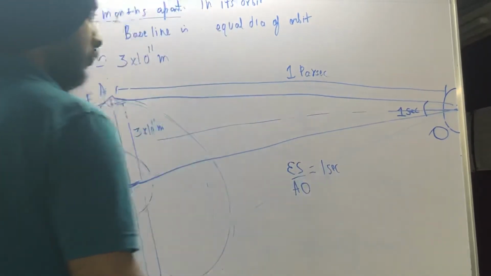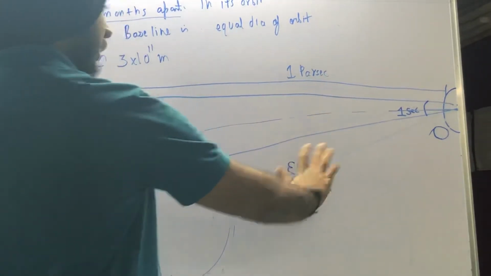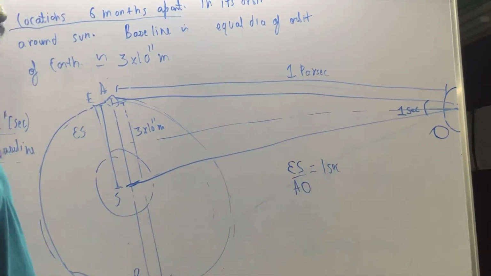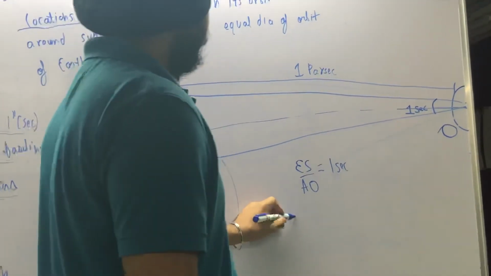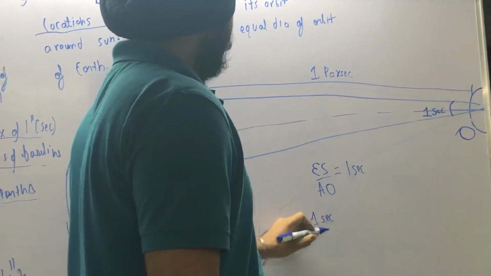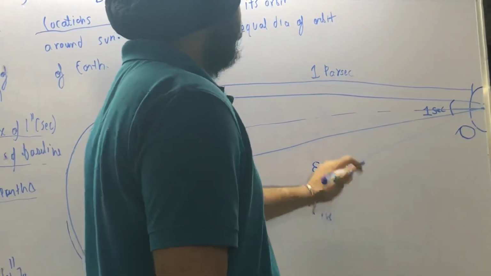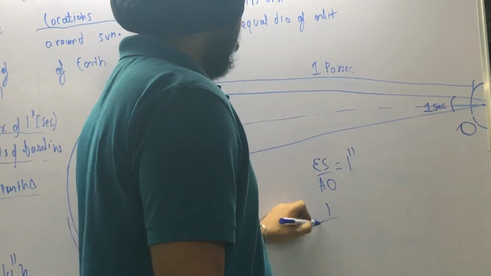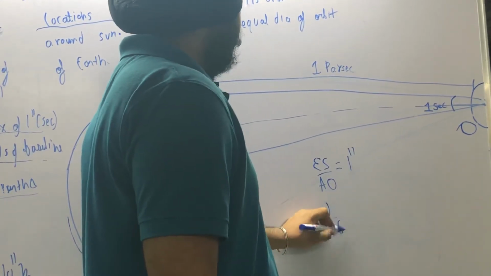Now you should all know that this 1 second you can't take like this directly. You have to convert it into radian. So how will you convert it into radian? First of all, convert to degree: 1 upon 60 into 60.